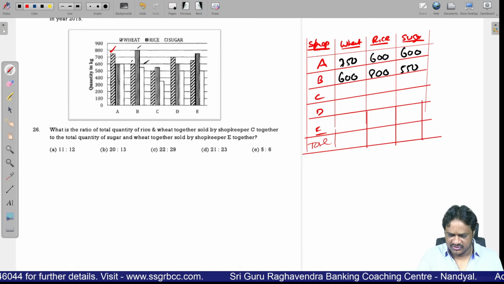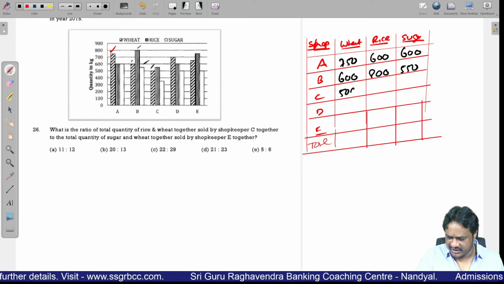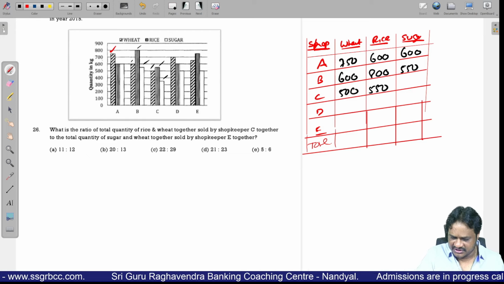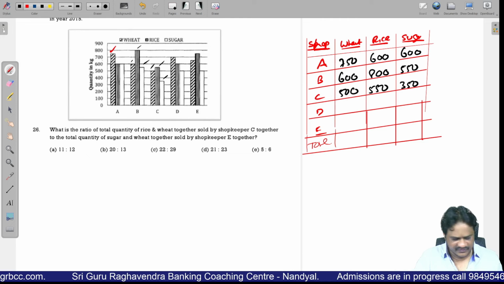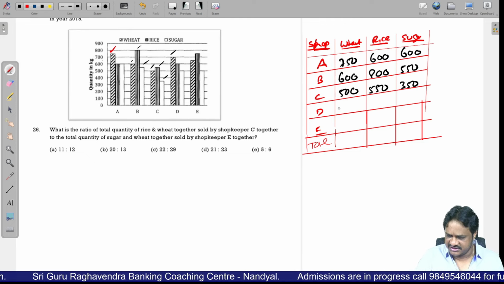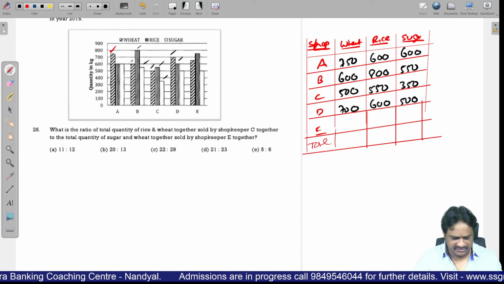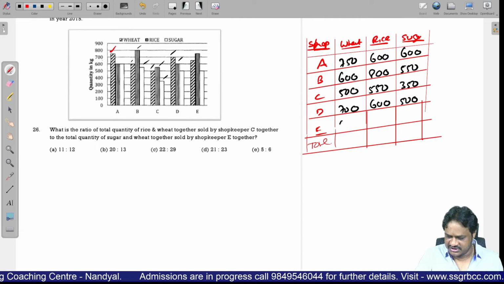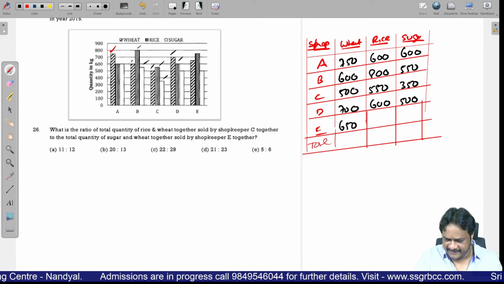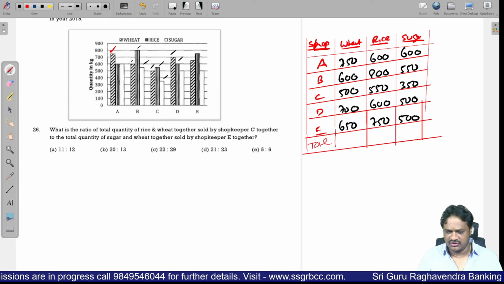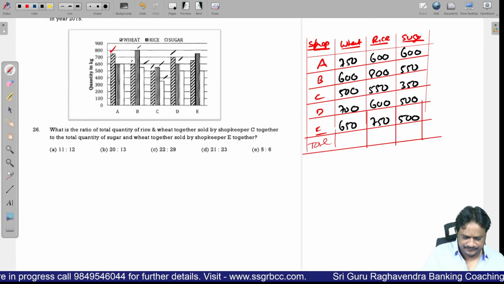Come to C. This is 500, then 550, then 350. Next, D: 700, 600, 500. Last one, E: 650, 750, and 500.